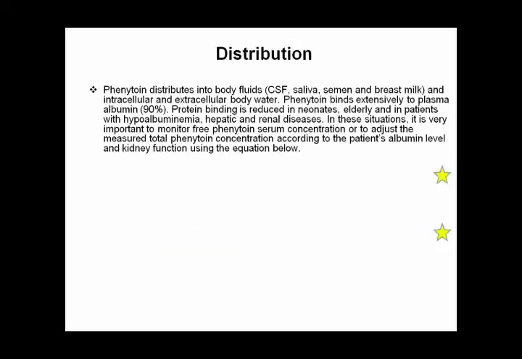Distribution: phenytoin distributes into body fluids freely, and also into the CSF and breast milk. It is 90% bound to albumin, and this is very significant when we look at the patient who has a low albumin level, because they will have a higher percentage of the total drug in the body as free fraction.